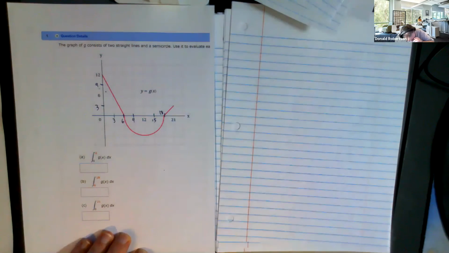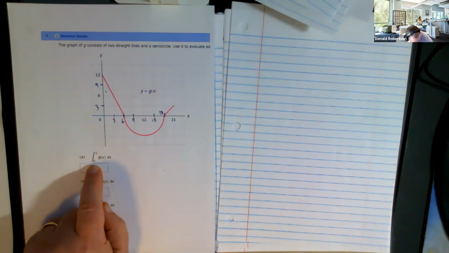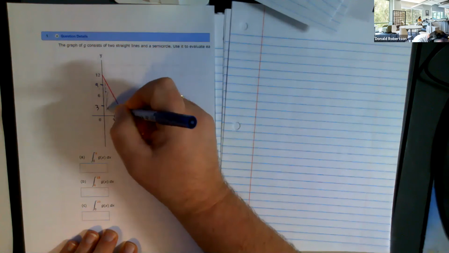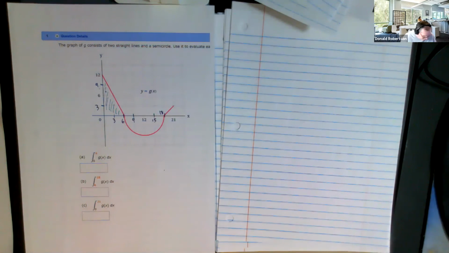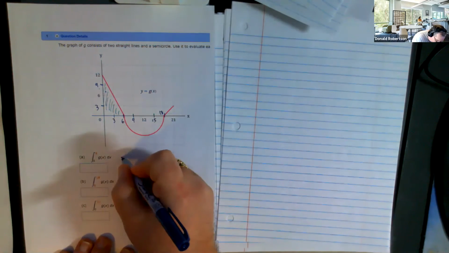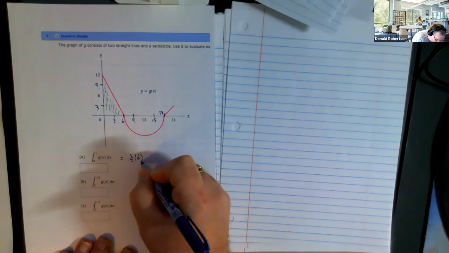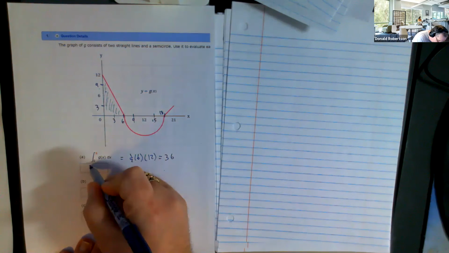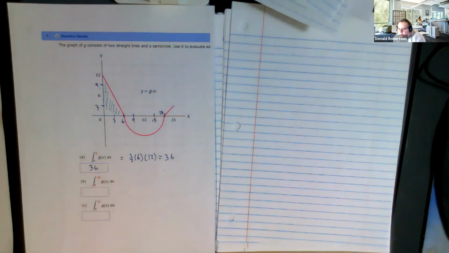There we go. If you want to know the area under the curve from 0 to 6, aren't you basically just getting that one big triangle? So the answer is going to be half the base times the height, and I believe the answer is 36. And would you agree that's positive 36?